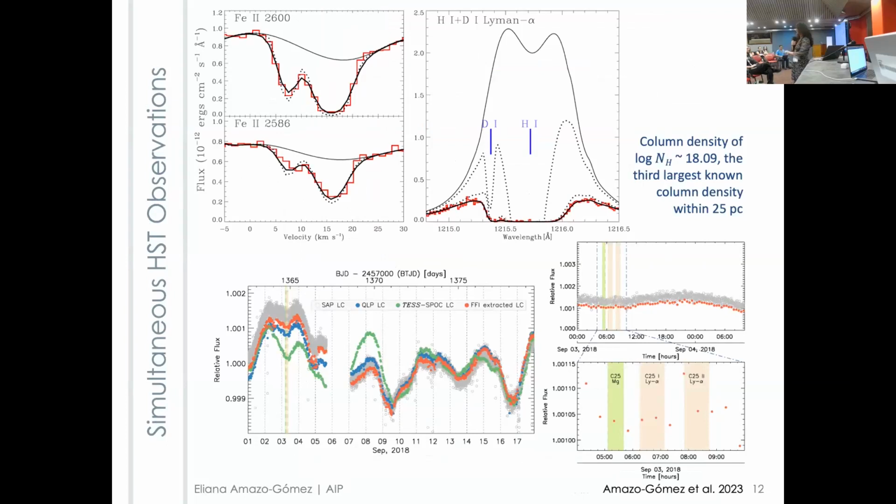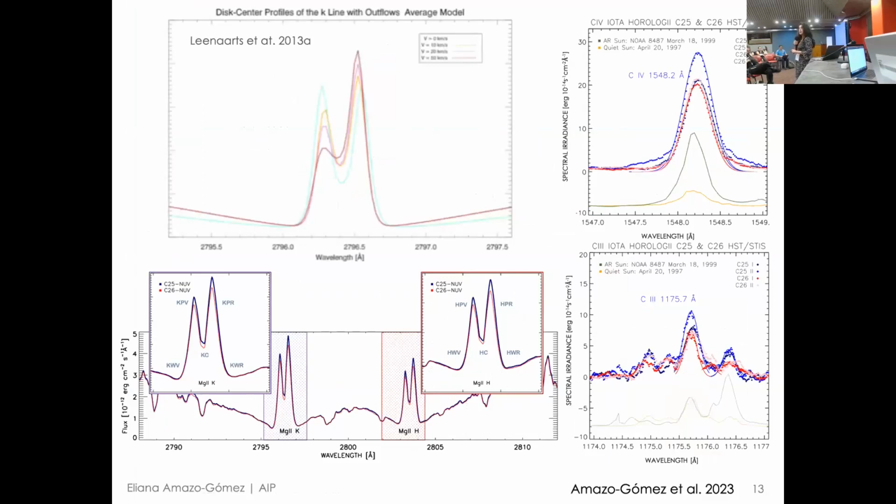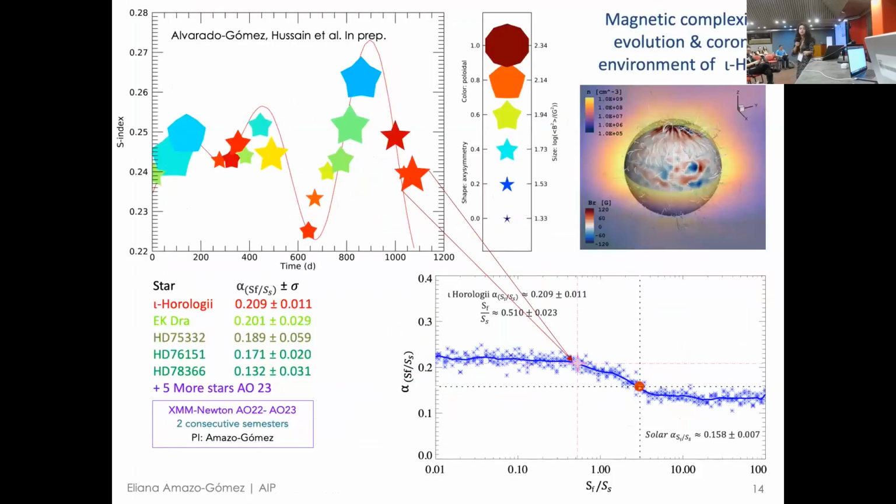But in the third visit of HST, we were lucky and observed an enhancement in the flux that is characteristic of a flare. So we got a flare in this visit of the star, telling us that there is an outflow in the chromosphere of the star, in the transition region.